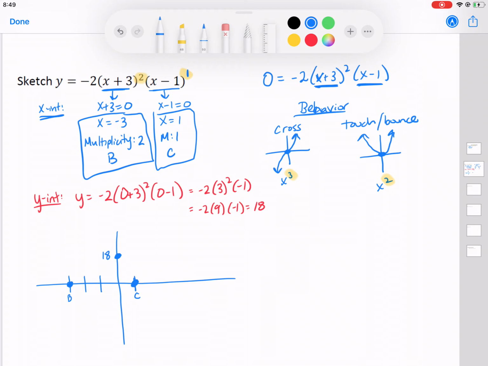And then the last thing we need is our end behavior. End behavior, when it's in factored form, is not as easy, but it's still pretty easy. So I'm going to go back and rewrite all this. We've got negative 2 times x plus 3 squared, times x minus 1.